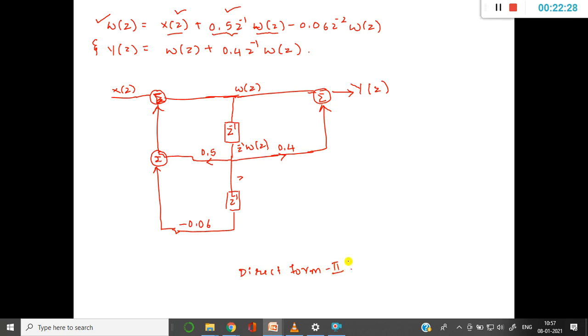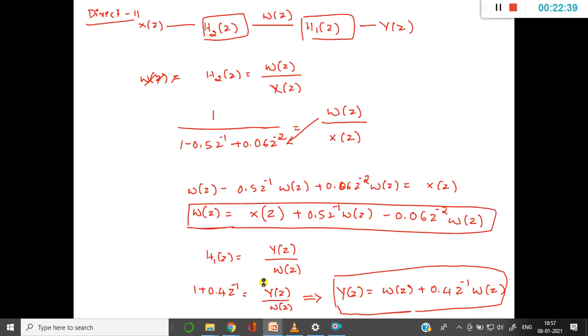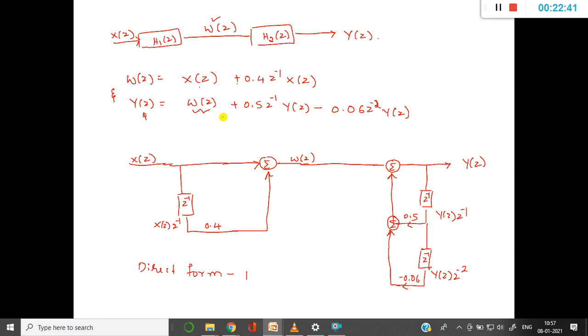Knowingly or unknowingly, direct form 2 gives me a very efficient and reduced structure. Look at direct form 1. How many delay elements are required? 1, 2, 3. Each z inverse is nothing but a delay, so to generate this delay I need to replace this z inverse by one flip-flop.